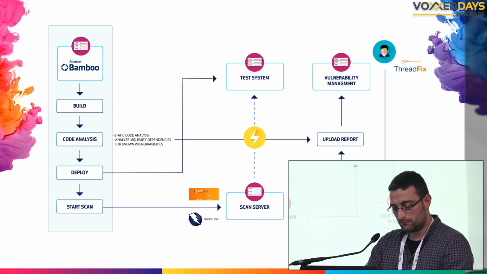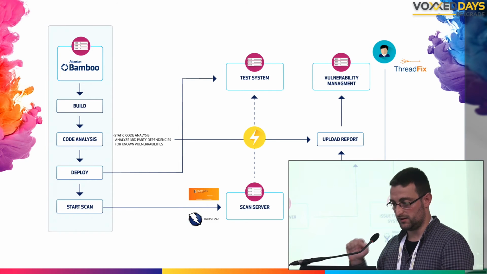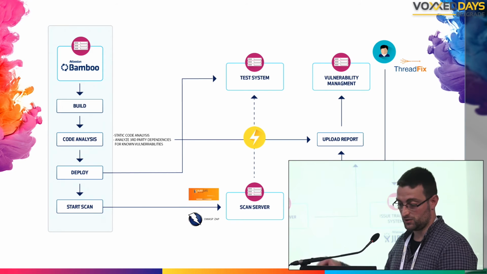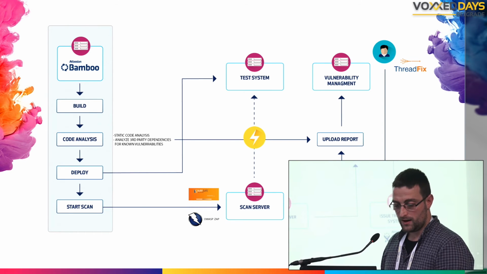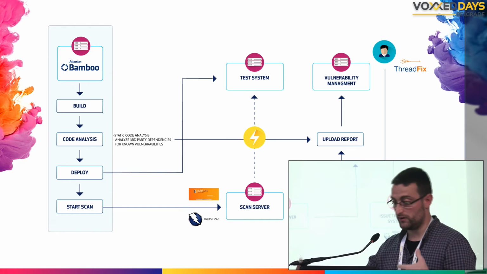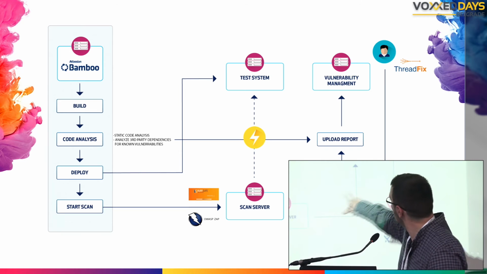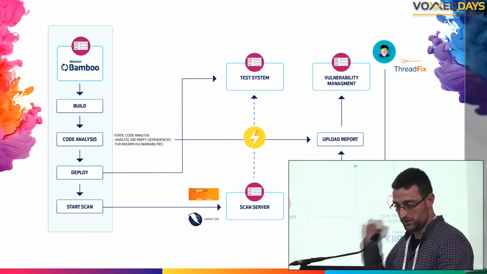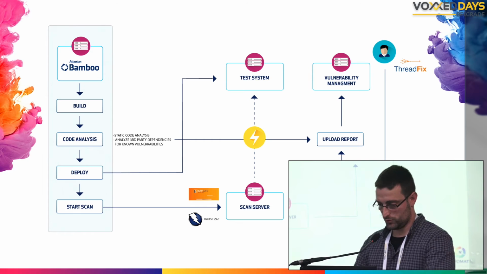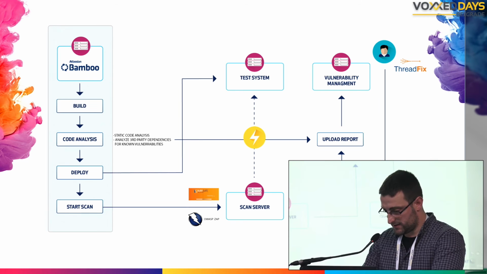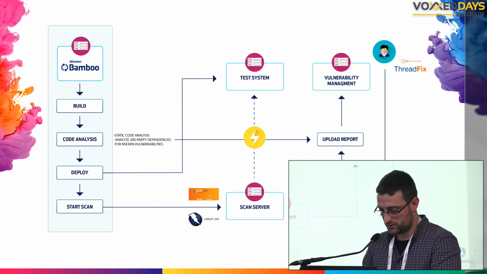So code analysis runs that script that I was talking about that starts all those tools: security static code analysis checker, dependency checker, static code analysis tool, and runs them for Java code if Java code was built, and Node.js if Node.js code was built, of course. And it uploads the report to ThreadFix or a vulnerability management system of your choice. So after code analysis is done, we are heading to deploy, of course.